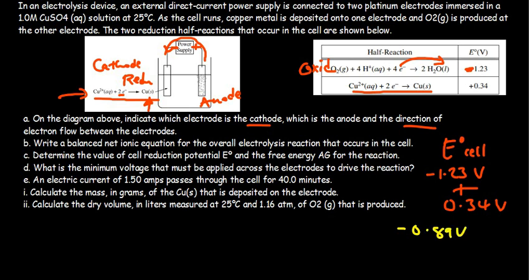And then we also need to determine the free energy for the reaction. So the Gibbs free energy is negative n, Faraday's constant, and then the standard cell potential. The number of electrons being transferred in this case is 4, which is denoted by n.